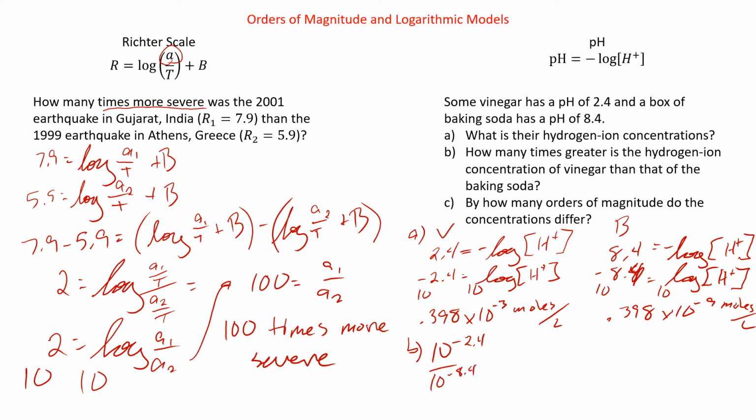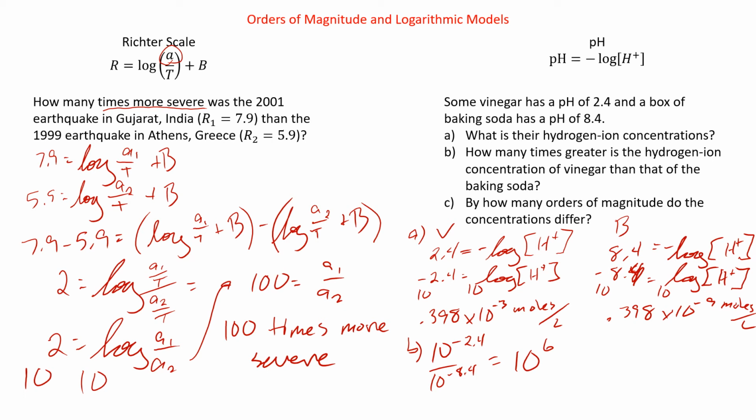When we are dividing, that means we subtract. Negative 2.4 minus negative 8.4 is like plus 8.4, which is 10 to the 6th. So the hydrogen ion concentration is 10 to the 6th times greater in the vinegar than in the baking soda.